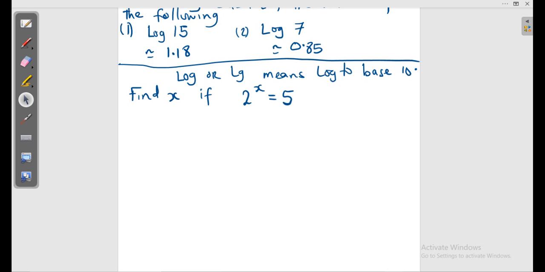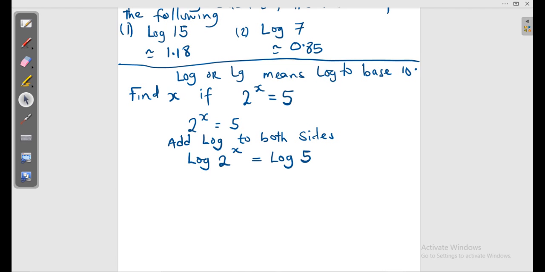When you have 2 raised to power x equals to 5, you add log to both sides. And that gives us log 2 raised to power x is equal to log 5. Now this power becomes a multiplier. You will learn that when you start the proper laws of logarithms.